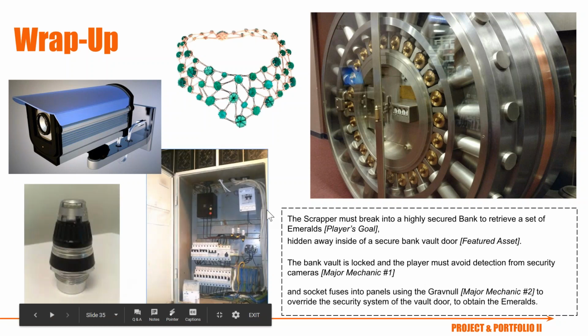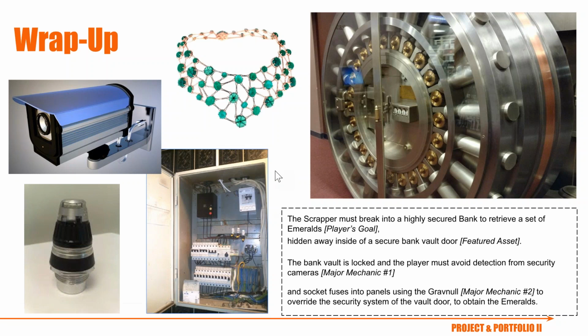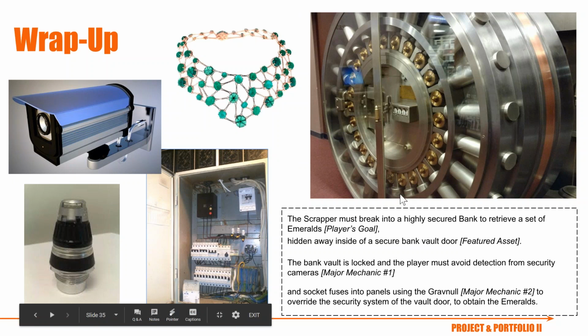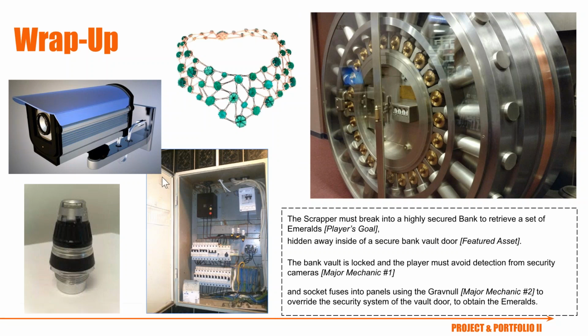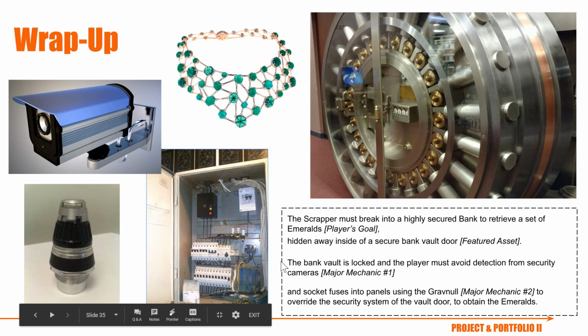The second mechanic would be, I thought to myself, okay, we're set in a bank. What type of things would actually exist here? I would think, well, security cameras, those are definitely in a bank, right? It's a really highly secured building, so there'd definitely be security cameras. And if there's this type of electrical security system, there would be some type of fuses or panels that would control all of that.